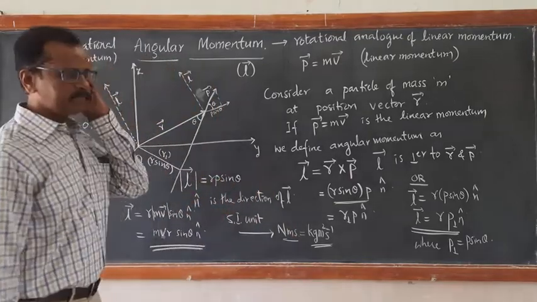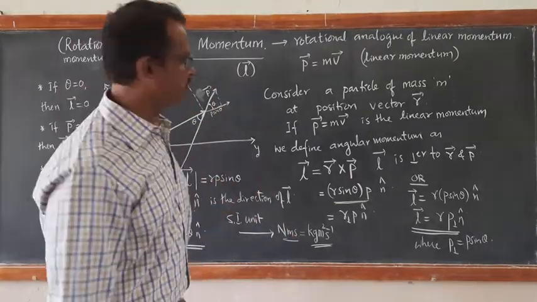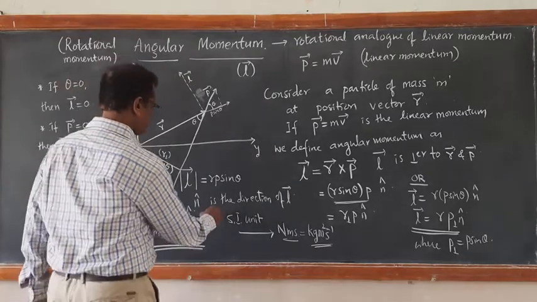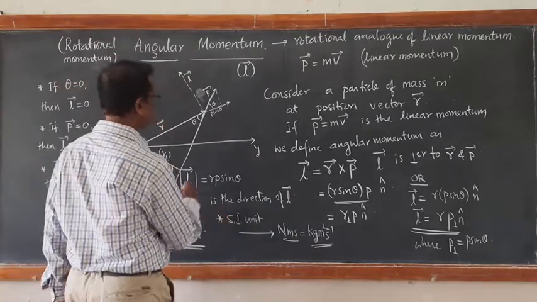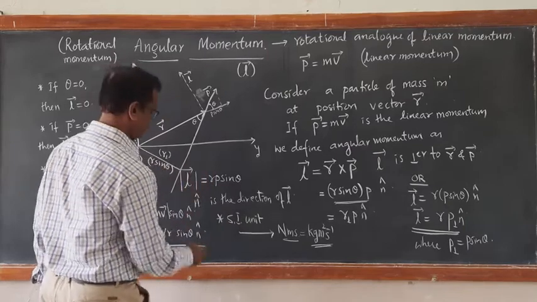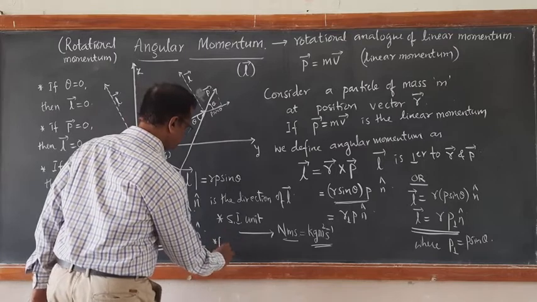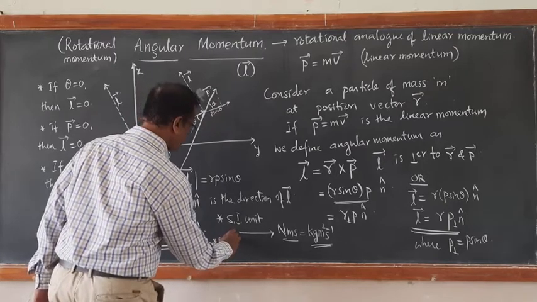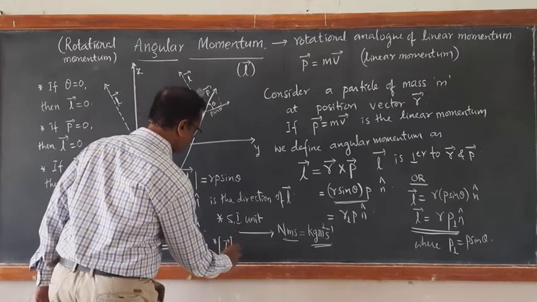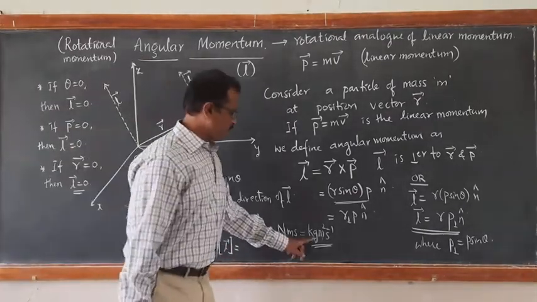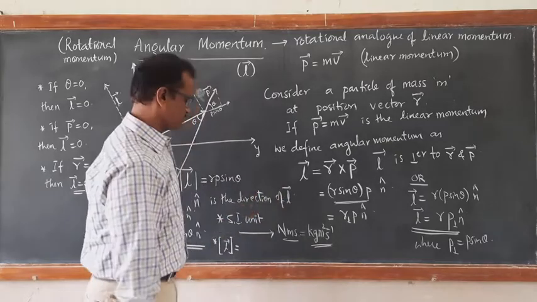Then what is the dimension of angular momentum? This is the SI unit. Dimension I will write here. Dimension of angular momentum is kg meter square per second, that's it.